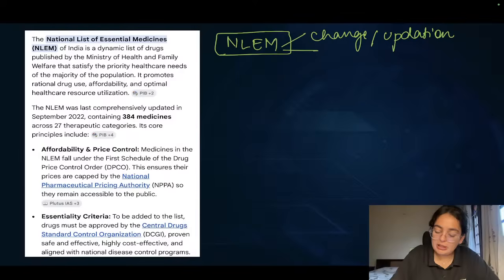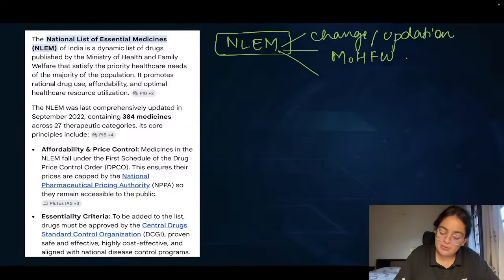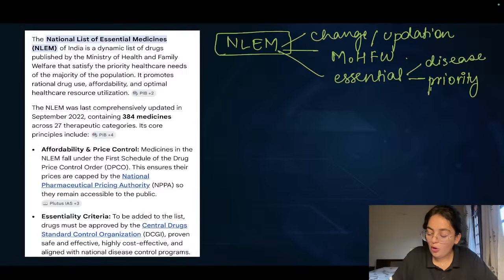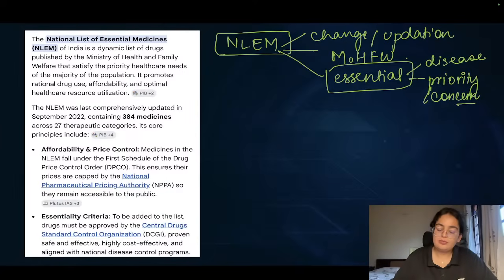It is formulated by the Ministry of Health and Family Welfare. It includes medicines that are essential for common day-to-day diseases, and also for those diseases that are a priority or a concern in the healthcare landscape of the country.